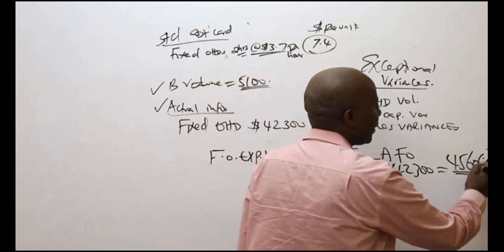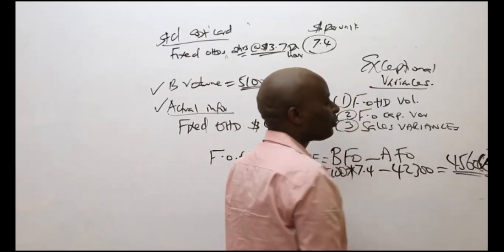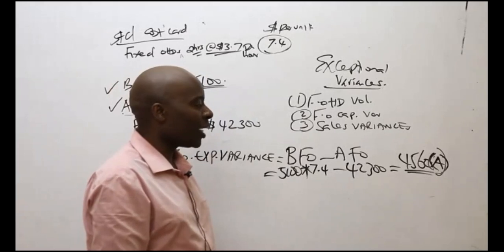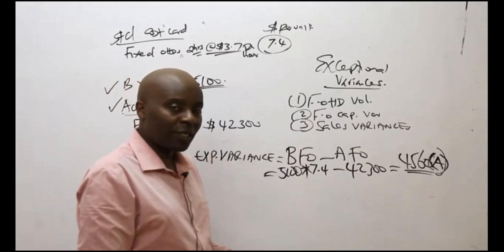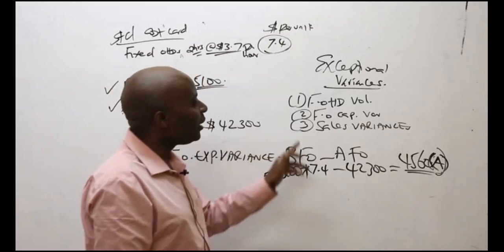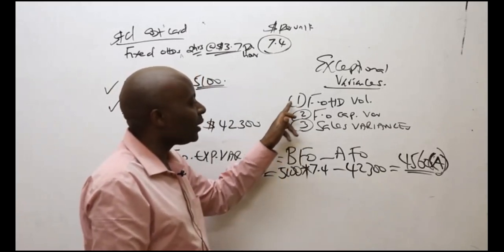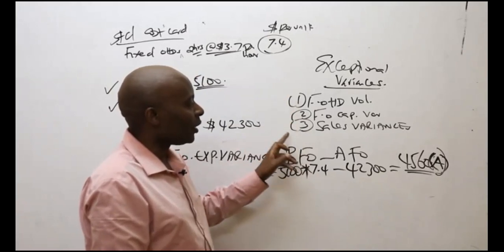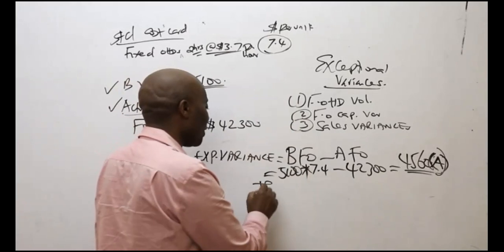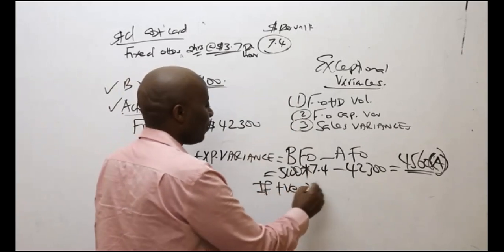I think there is something that is still confusing you. Minus 4560 is supposed to be what here? Adverse. If it's a negative, it's adverse, not unless it happens to be coming from among these three things. Remember, if positive, favorable.